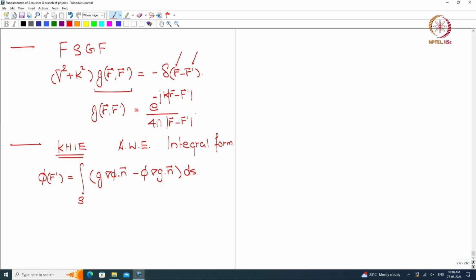This form is the same for interior or exterior acoustics. And N points in the direction away from the region of interest.